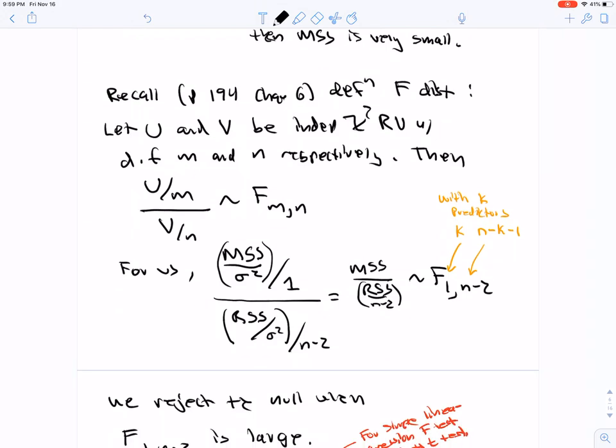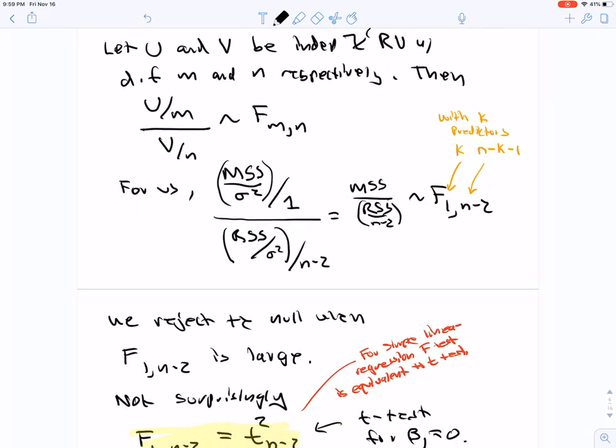And for us, U is MSS over sigma squared, V is RSS over sigma squared, and M and N are their respective degrees of freedom. So the chi-squares just cancel out, and we get that MSS over RSS over n minus 2 is F_{1,n-2}.